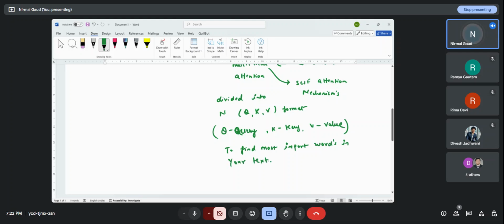That is what the attention mechanism is. That means we want to attend to those words which will help me in creating the output. They are important in terms of context, in terms of identifying relationships, and in order to produce a result.